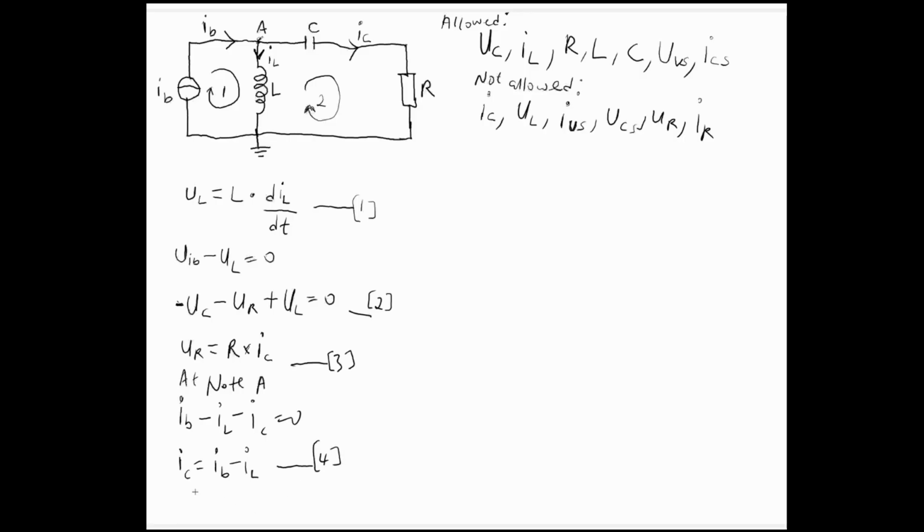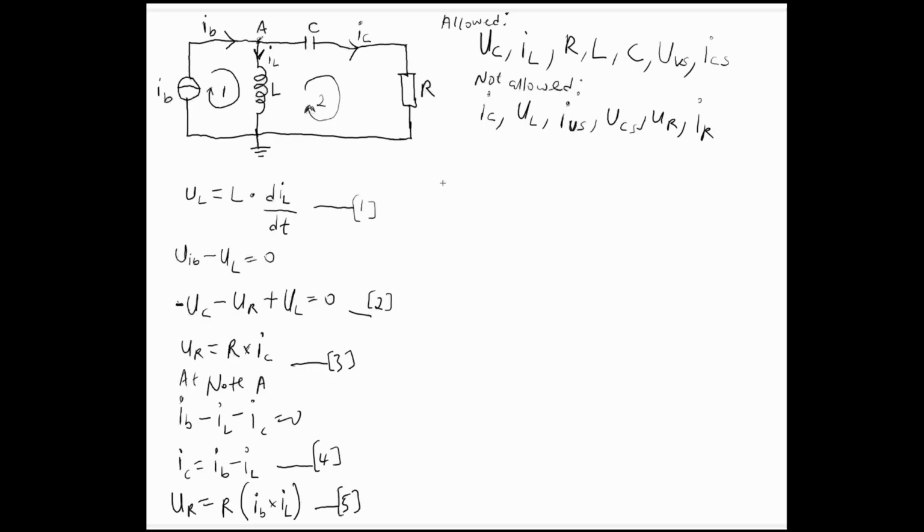So we can substitute equation 4 into equation 3, and then the voltage across the resistor is equal to the resistance multiplied by the current of the current source minus the current of the inductor. We can call this equation 5.